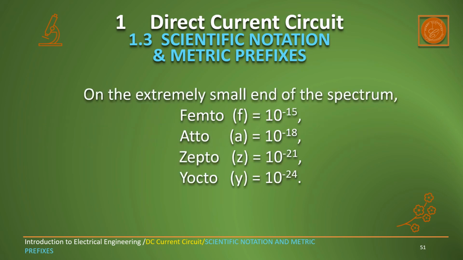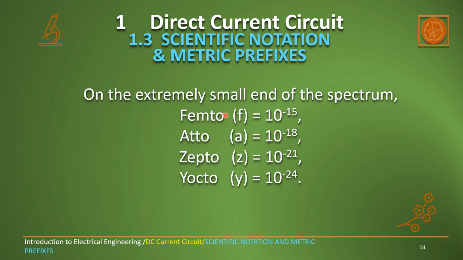On the extremely small end of the spectrum is femto, F, equal to 10 power minus 15. Atto is A, equal to 10 power minus 18. Zepto, we use Z, equal to 10 power minus 21. Yocto, Y, equal to 10 power minus 24. You don't need to remember those because there are too many.